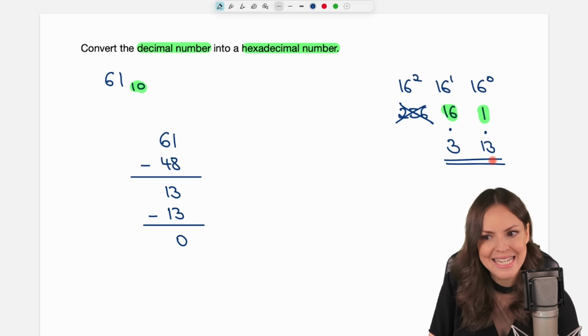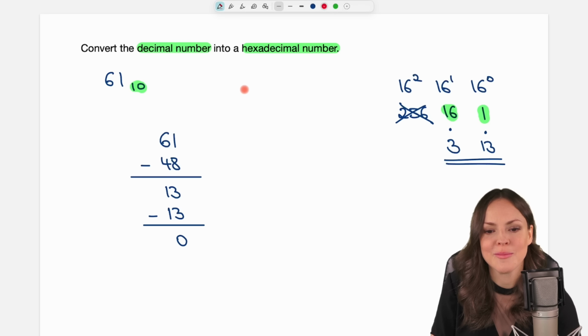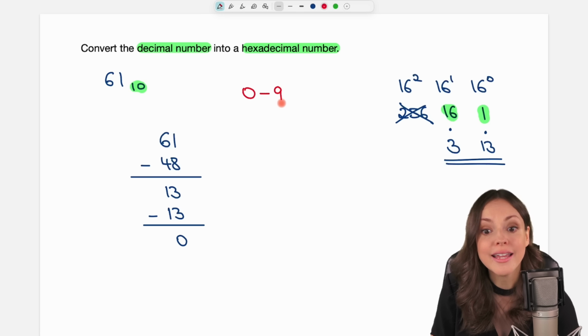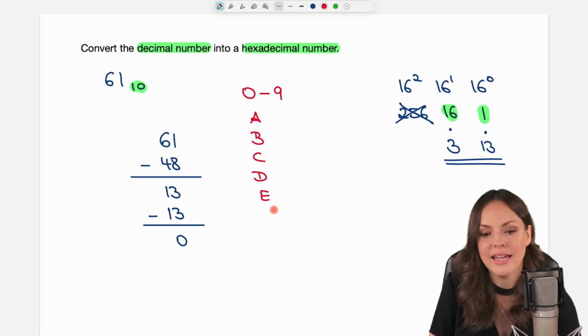The problem just is we have a 13 in here, and this is not a digit in our hexadecimal system. We have the digits from 0 up to 9, but then we have the letters A, B, C, D, E, and F. And where's my 13 here?